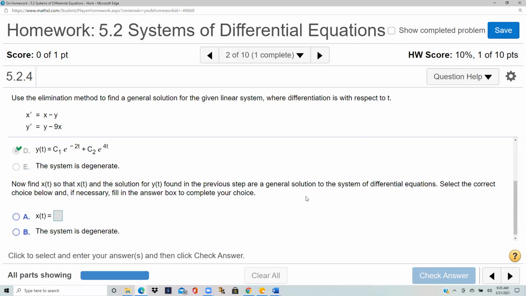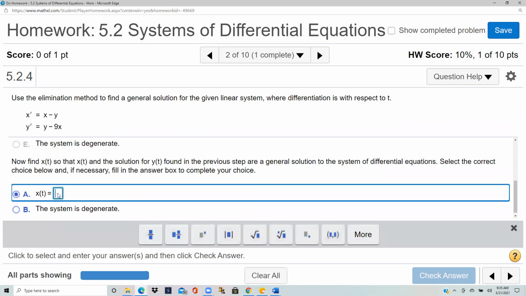Okay, and I have to solve for x, and you can use this equation or you can use this equation. In fact, we already had solved for x from this equation. So if you remember, we can just rewrite it as 9x is equal to y minus y prime. So if you bring the 9x on the left side, you get y minus y prime for the 9x, and divided by 9.